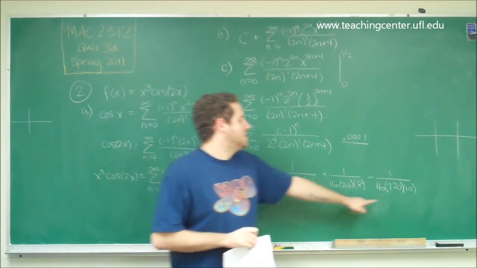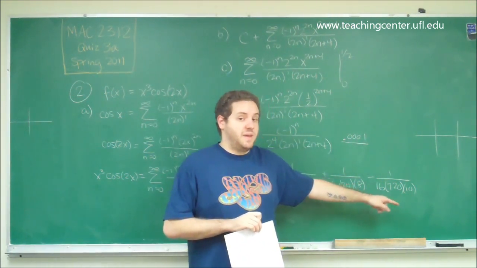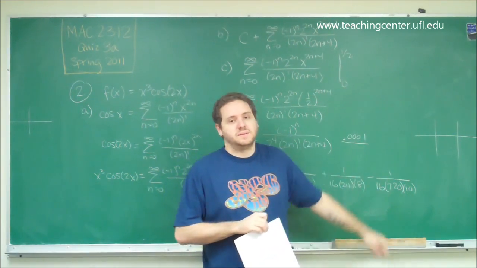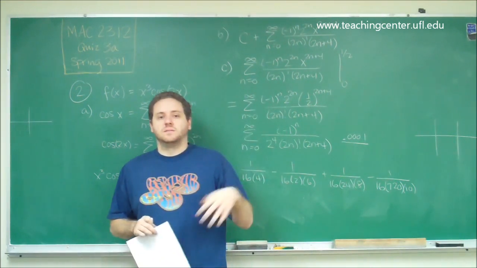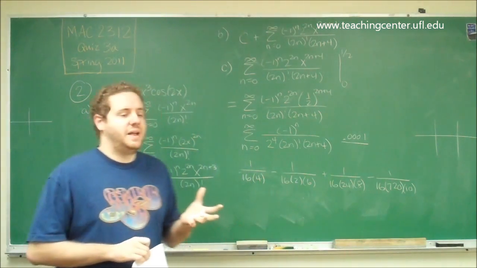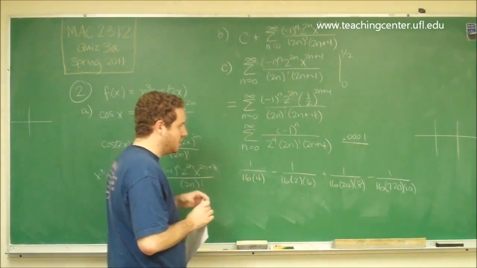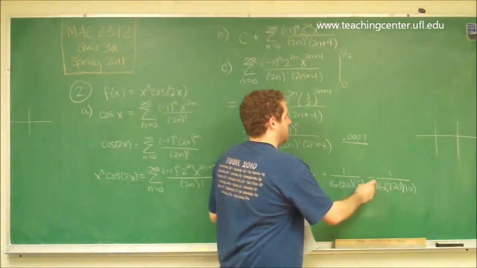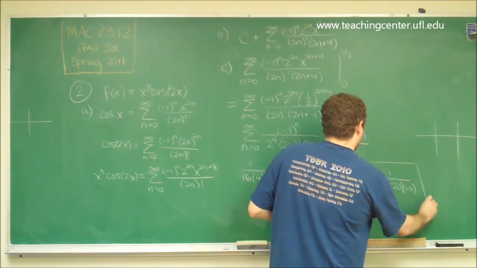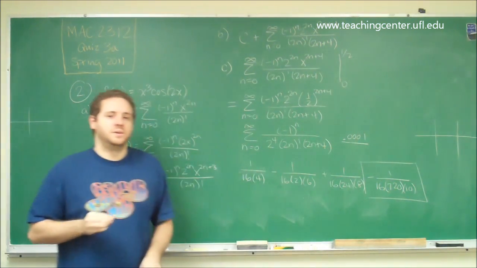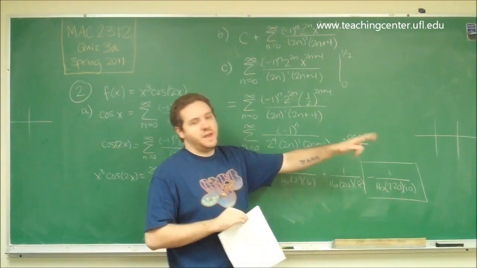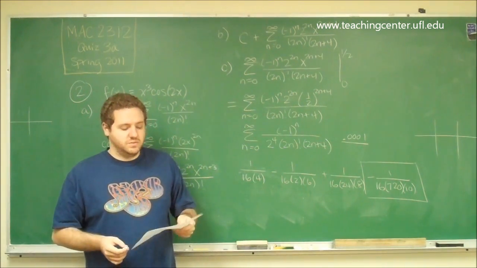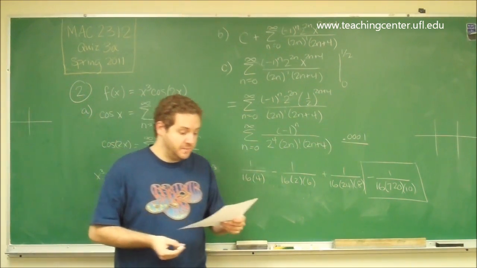So you can see here, 720 times 10 is 7,200, and when you multiply that by 16, you're talking about much higher than 10,000, 70, 80,000. So this term right here is the first one that was smaller than 1 over 10,000, which is how accurate we want it to be.